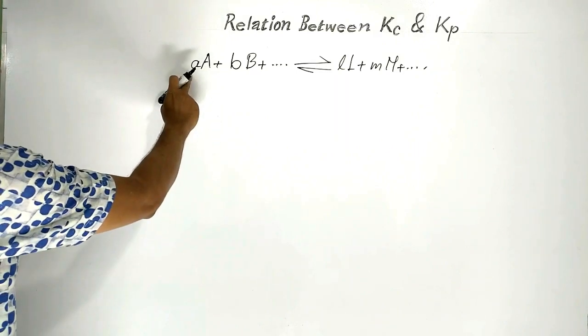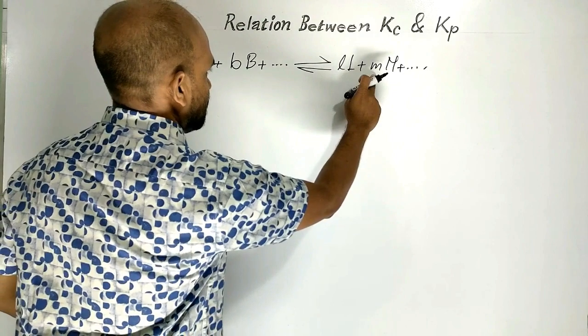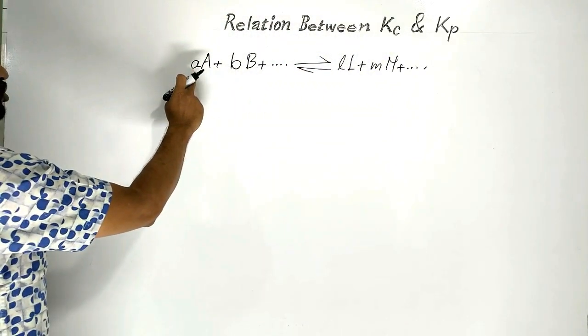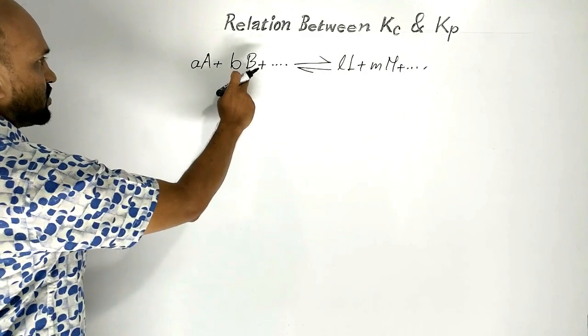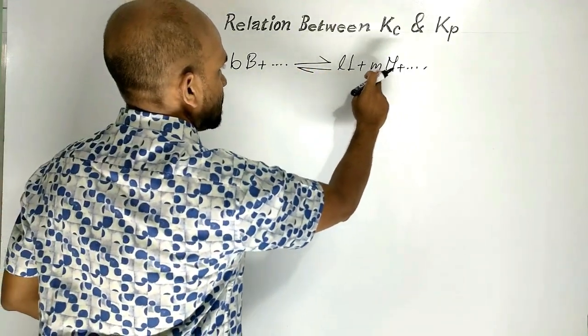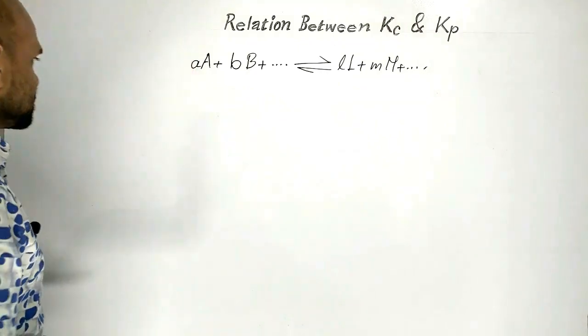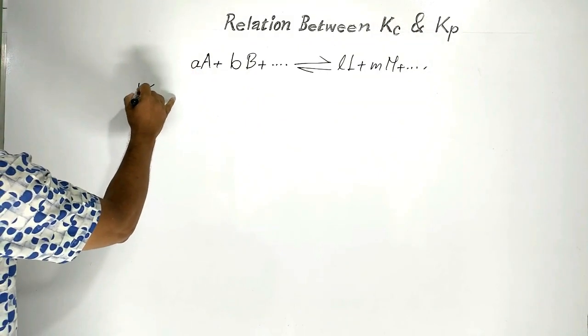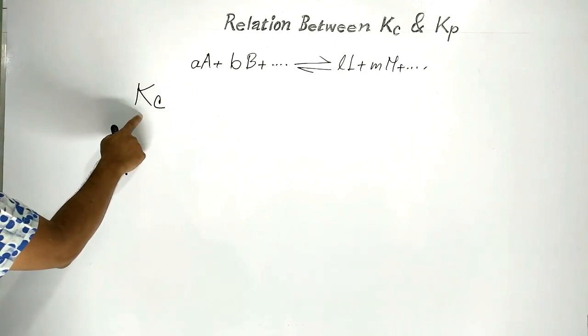Here, lowercase a, b, l, m are coefficients of uppercase A, B, L and M respectively. Let us consider the equilibrium constant in molar concentration.